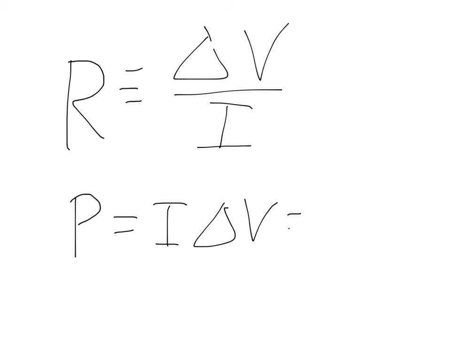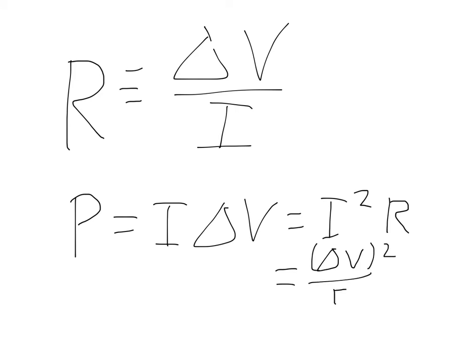But we could see with a little bit of replacement that either this could equal I squared R, solving for the value of the potential in this equation and then plugging that in here. Or conversely, this can equal the potential difference squared divided by resistance.